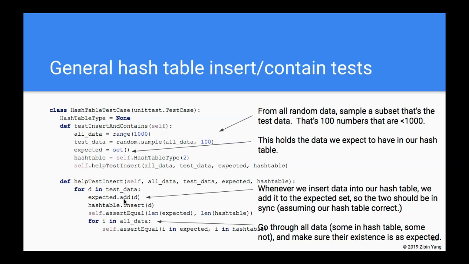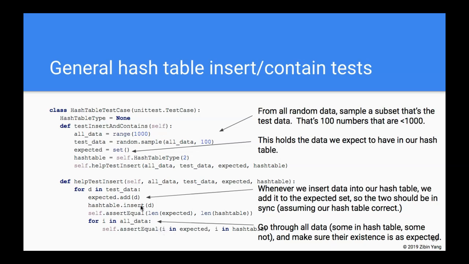And what this test method is going to do is insert all the 100 numbers into both the expected set and my own hash table. And I'm going to make sure all of them are in there, so the length is correct. And then all I'm going to do is go through all the data. So remember, all the data is actually numbers between 0 and 999.